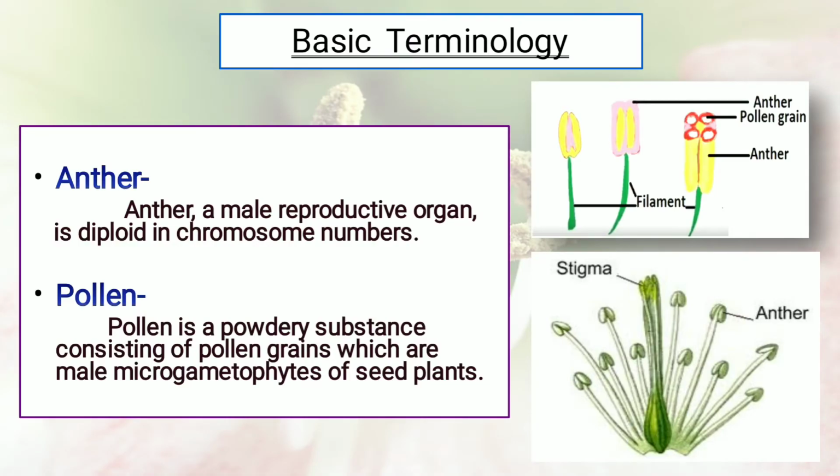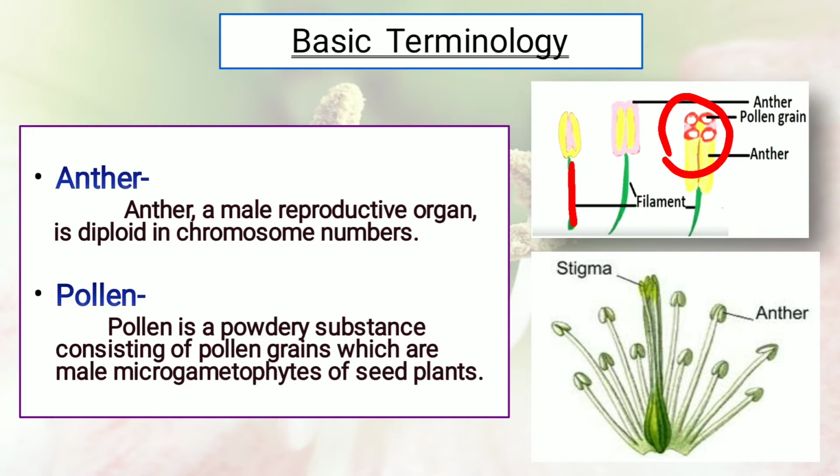Basic terminology of the anther and pollen. This is the anther, and the anther is attached to the filament. The anther is the male reproductive organ, and it contains a diploid chromosome number.